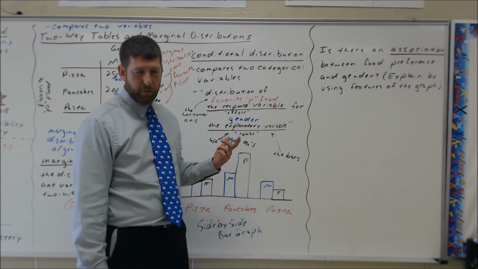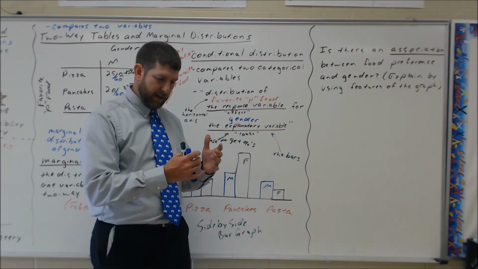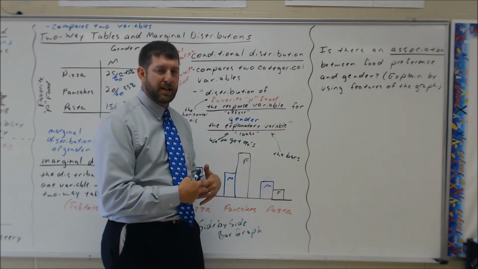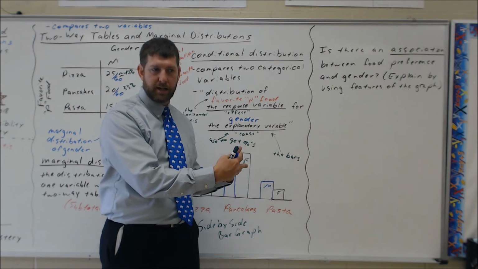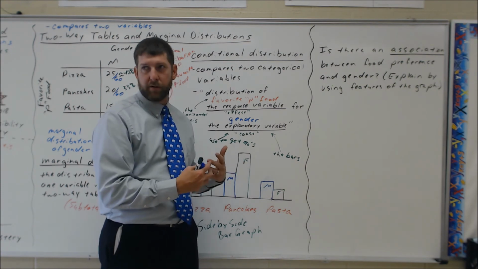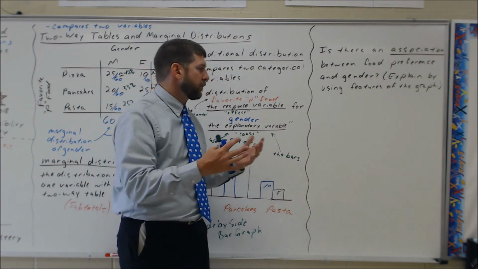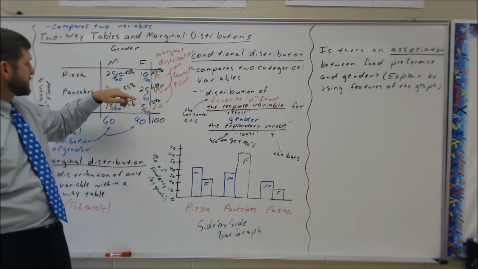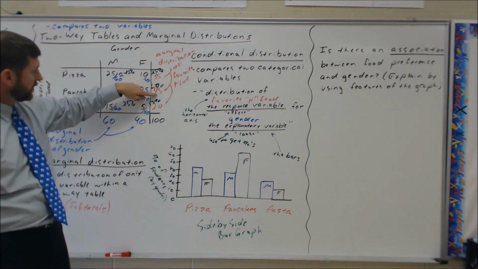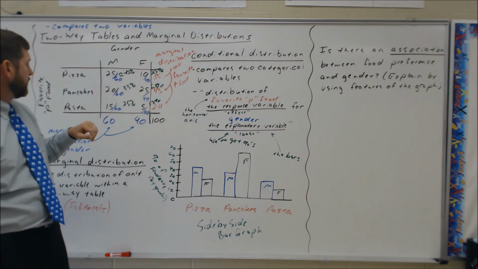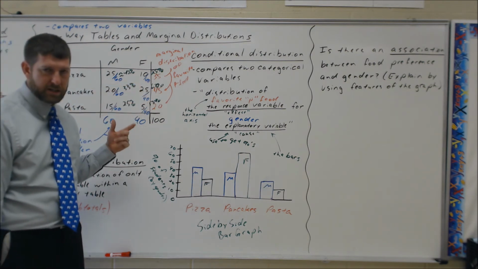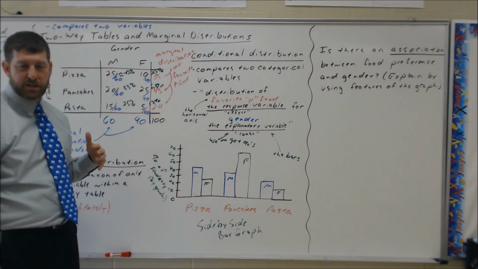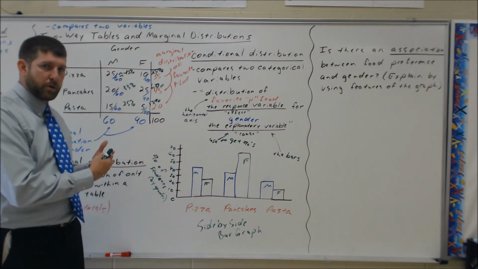What we want to know is when I look at my food preferences and break them down by gender, does imposing gender on this show some type of change in the preference? Percentage-wise, the preferences were about 35 for pizza, 45 for pancakes, and 20 for pasta. And we'll talk a little more about this later. Association says, when we look at them in the smaller groups, is it different?